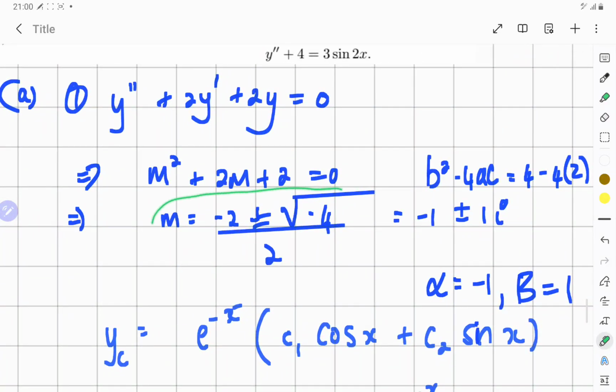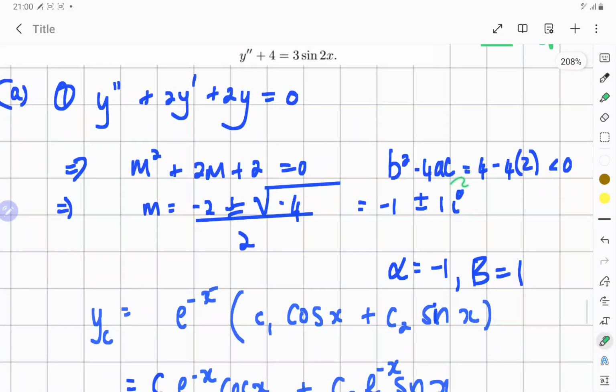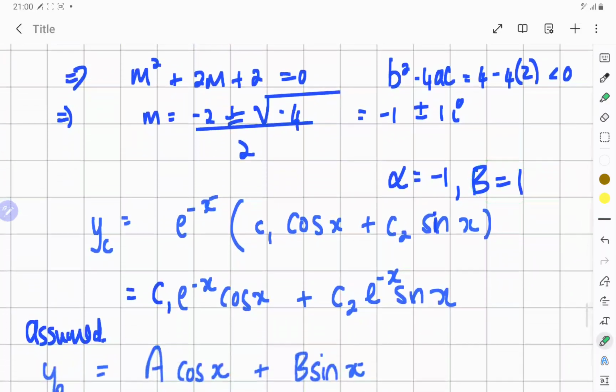You do your formula: minus b plus or minus the square root of b squared minus 4ac, over 2a. I'm not going to go through all the steps. You should be familiar with this. You get minus 1 plus or minus 1i. In other words, my alpha is -1, my beta is 1.